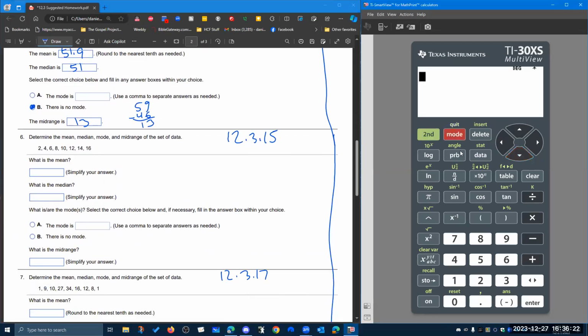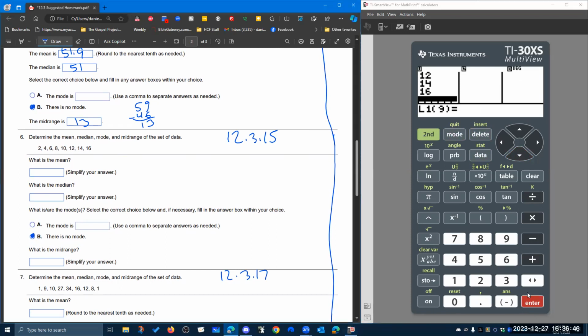Let's go ahead now and look at our next example here. 2, 4, 6, 8, 10, 12, 14, and 16. Clearly, there's not going to be a mode because each number only happens one time.